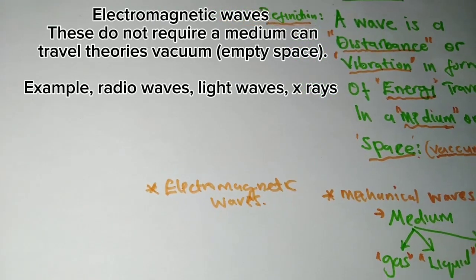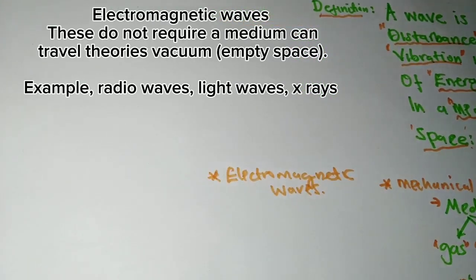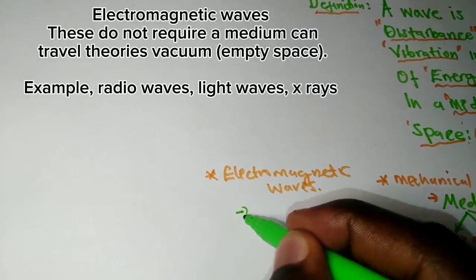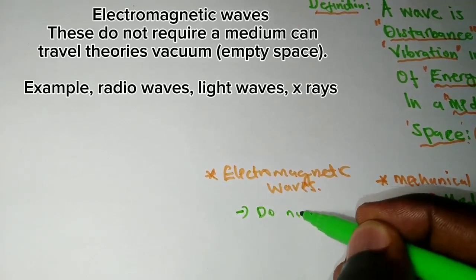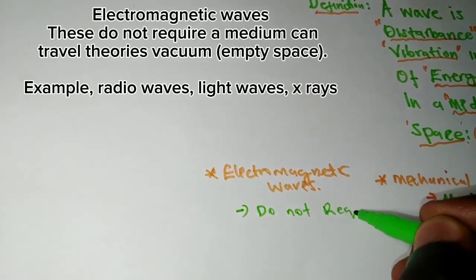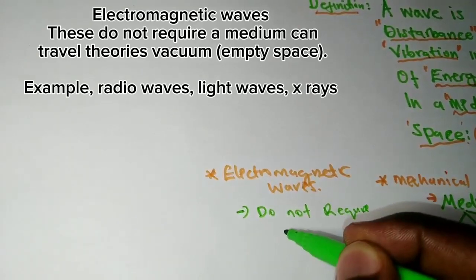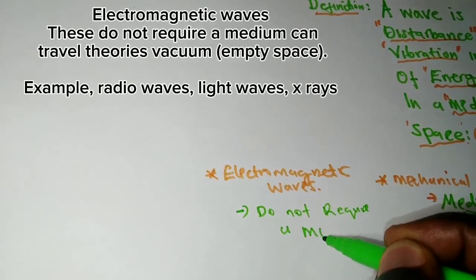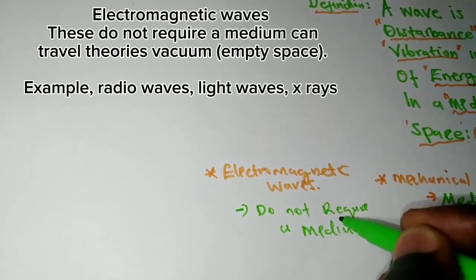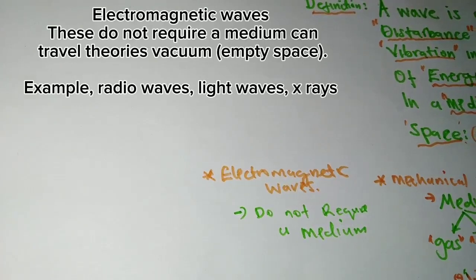Electromagnetic waves do not require a medium, and they can travel through a vacuum, an empty space. What's the key word here? They do not require a medium, so they can travel without a medium.